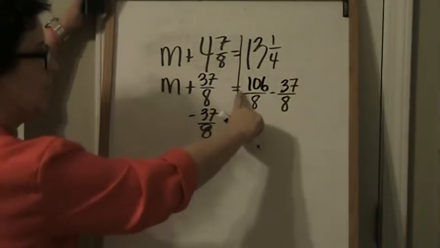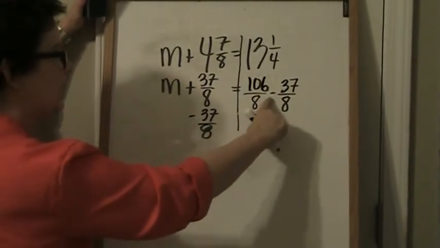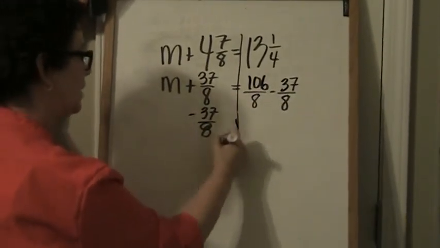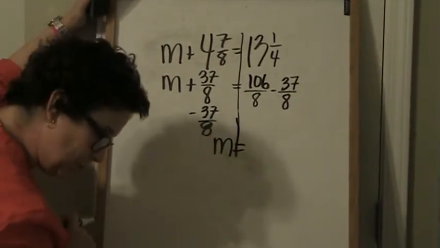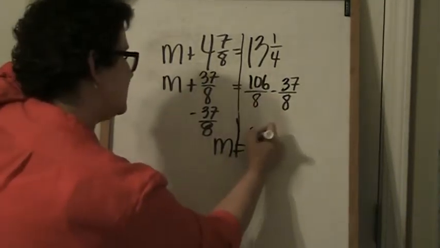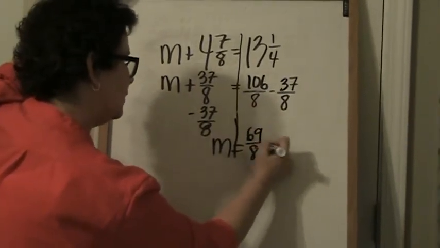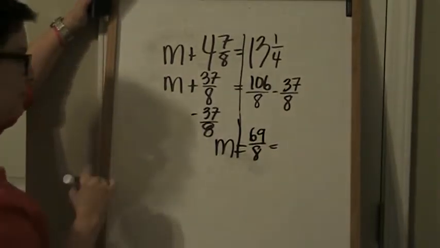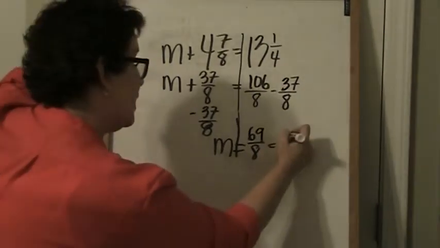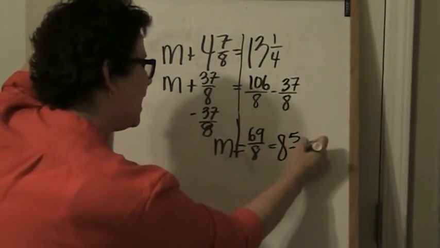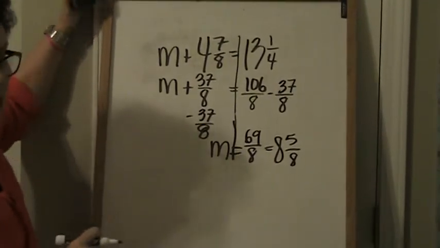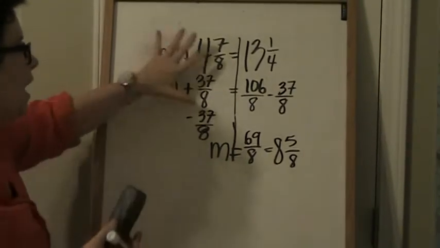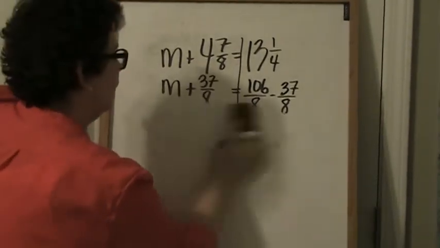So it's going to give us 106/8 minus 37/8, and that gives us M is equal to 69/8, which can be simplified back into 8 5/8. Got to know those fractions, guys. I keep telling you, you've got to be comfortable with them. All right, that was number 3.